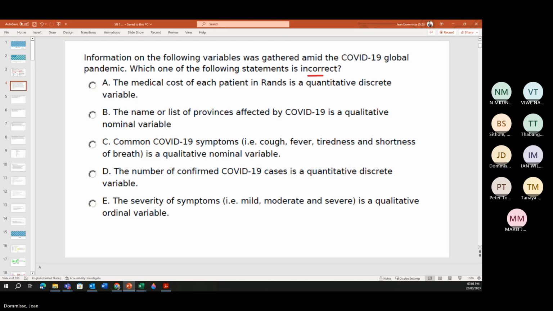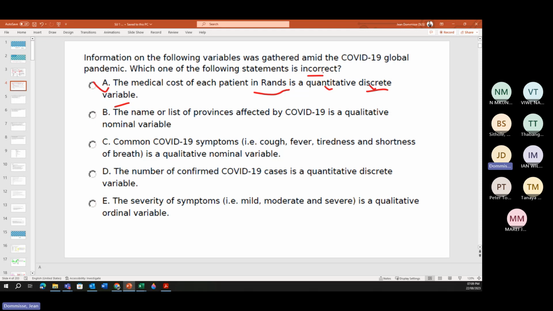Okay, so medical cost of each patient in rands, quantitative, discrete variable. Okay, actually quantitative is right, discrete is right, so that seems correct. Am I missing something? Medical cost of each patient in rands, it's quantitative, discrete. Okay, so that feels to me is correct.